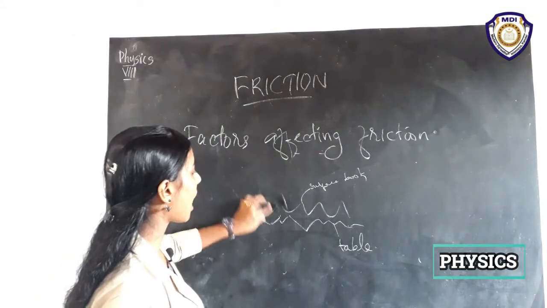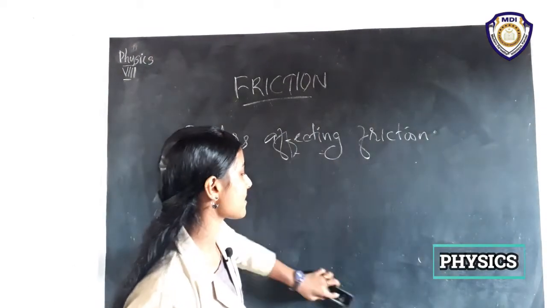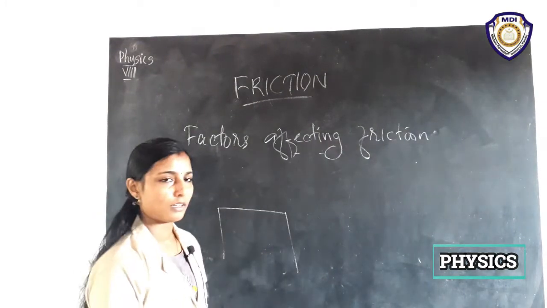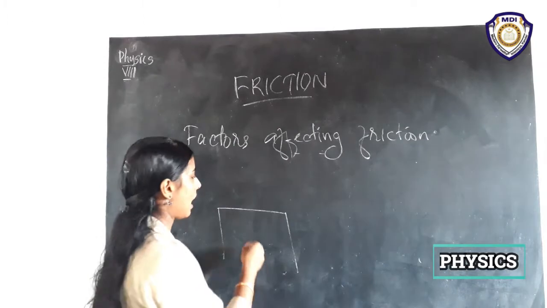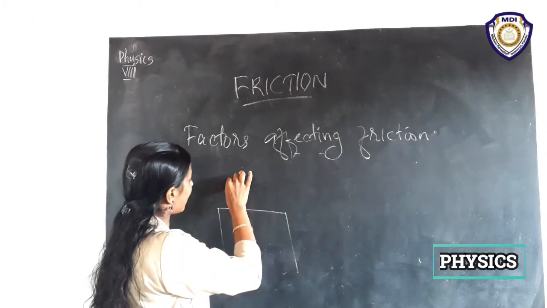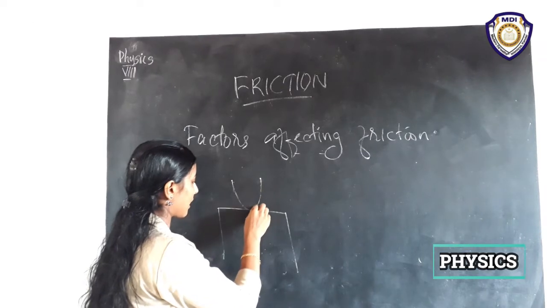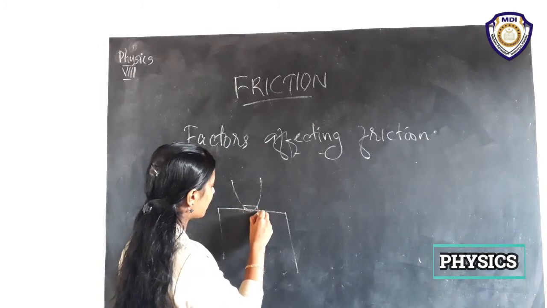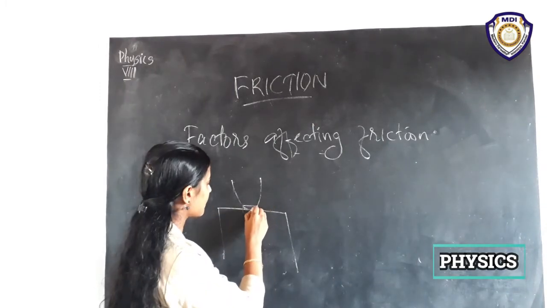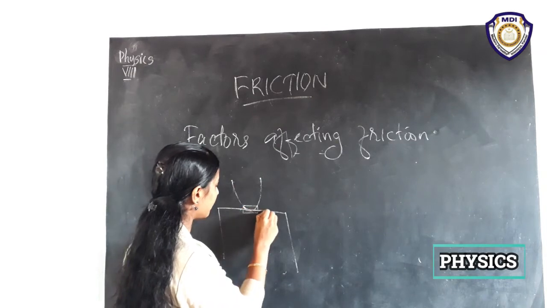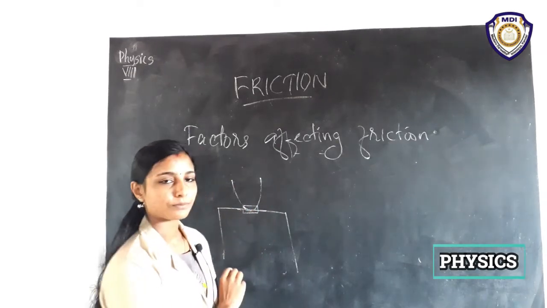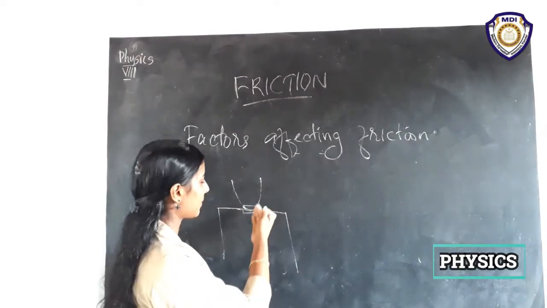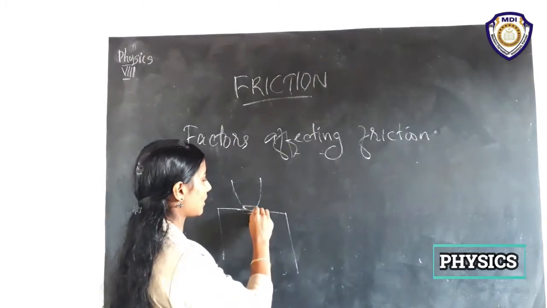And one more thing, how tightly the surfaces are held together. Suppose this is one surface, a table, and there is another object placed like here. This is the contact surface, that is, the surface of one object and the other surface, right? Here there may be an interlocking and a friction acting on these two surfaces.